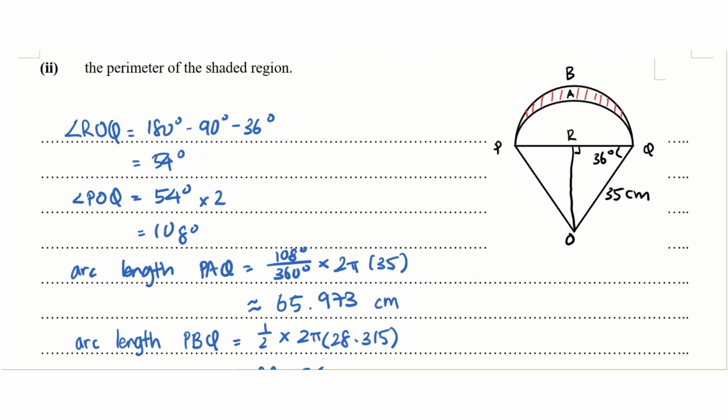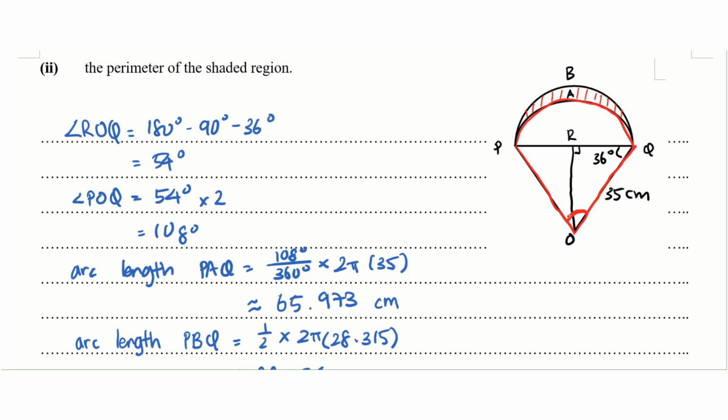Now in part 2 of this question, it asks to find the perimeter of the shaded region. The perimeter comprises two parts, the arc length PAQ as well as the arc length PBQ. To find the arc length PAQ, I need to rely on angle POQ because PAQ belongs to this sector.